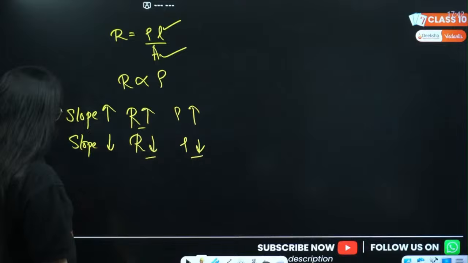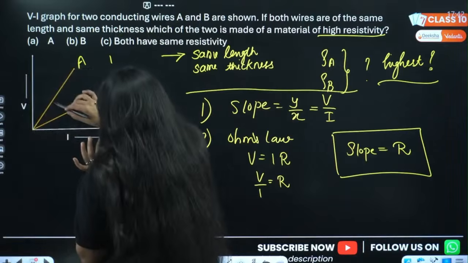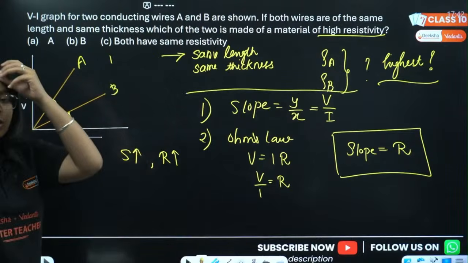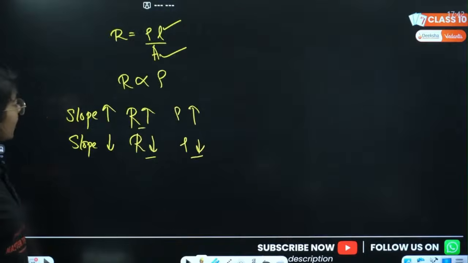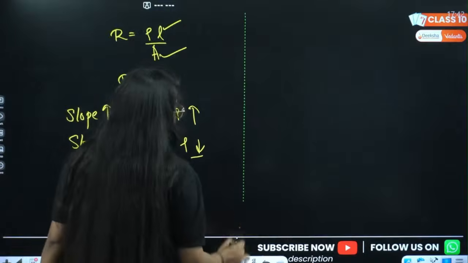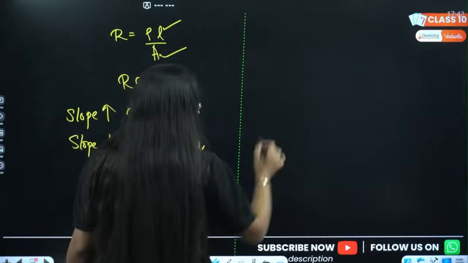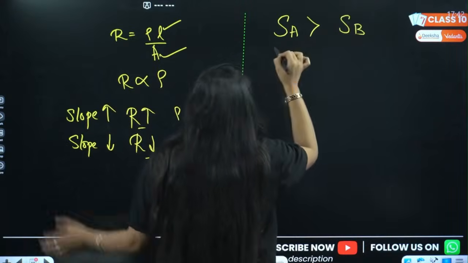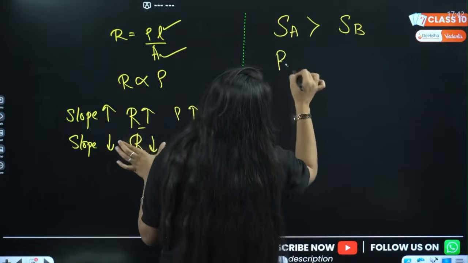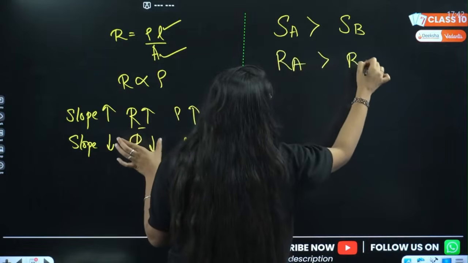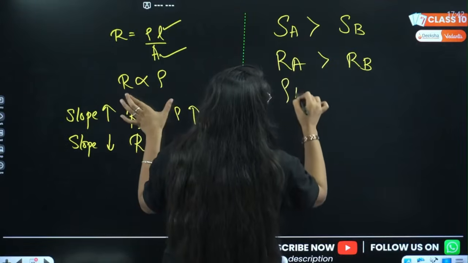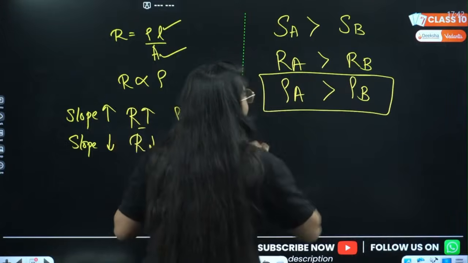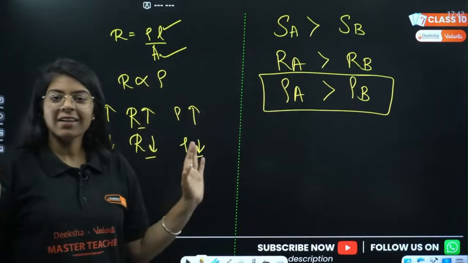Understood? Now in this graph, the slope of A is definitely higher than the slope of B. That is correct. All of you said that. So the slope of A is more than the slope of B. That means resistance of A is more than resistance of B. That means rho of A is more than rho of B. Done.